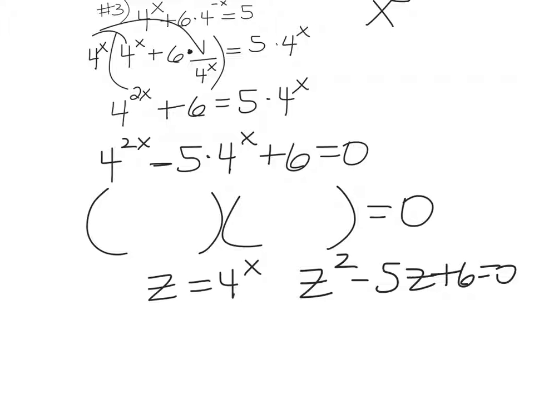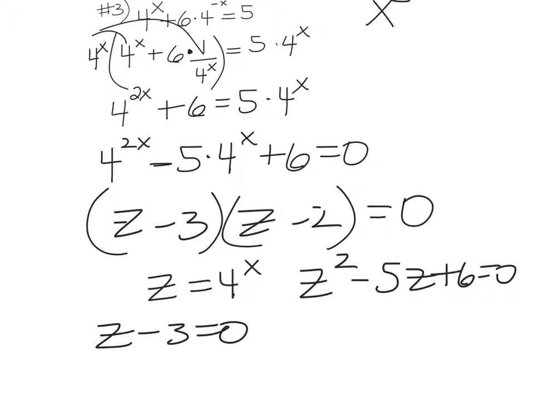And it's actually better to factor this and then substitute back in. So you get z, what times what is 6 and adds up to negative 5? It would be a negative 3 and a negative 2. So you get z minus 3 equals 0, and z minus 2 equals 0.